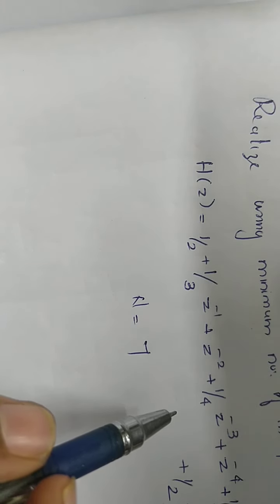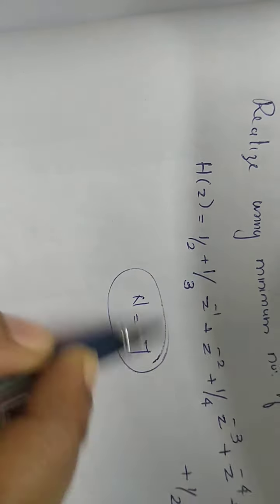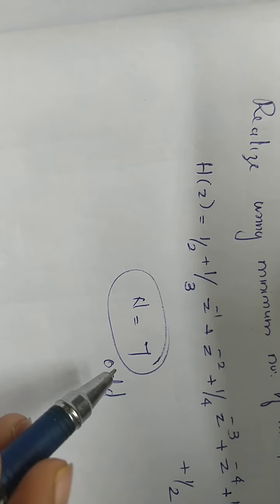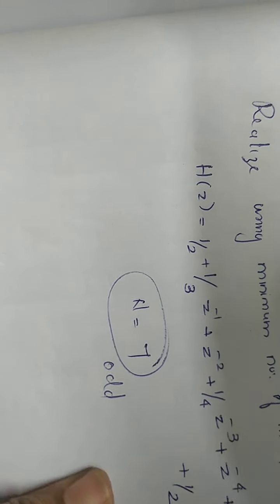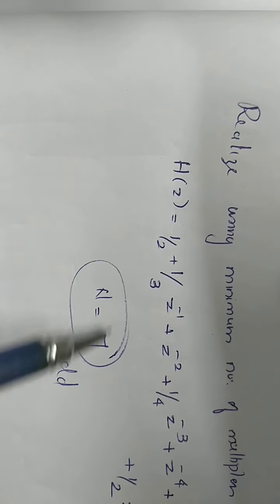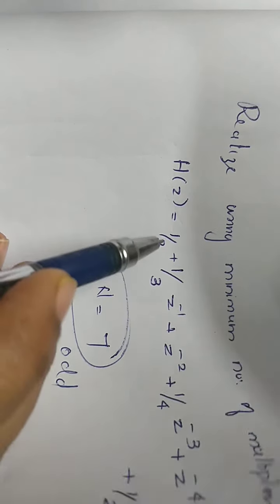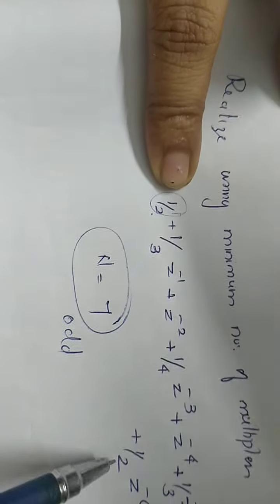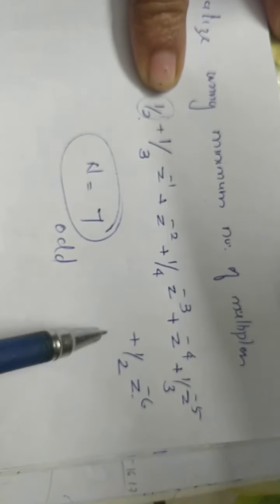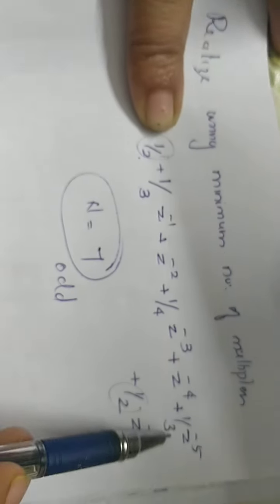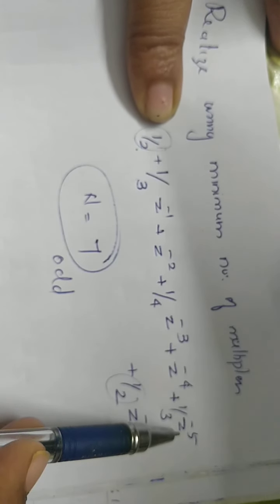Now N is equal to 7 means N is odd. So the second type of realization we need. That means first you check what the common coefficients are. Here 1/2 coefficient, and another coefficient z raised to minus 6, same 1/2 coefficient. Now 1/3 coefficient for z raised to minus 1 and z raised to minus 5.